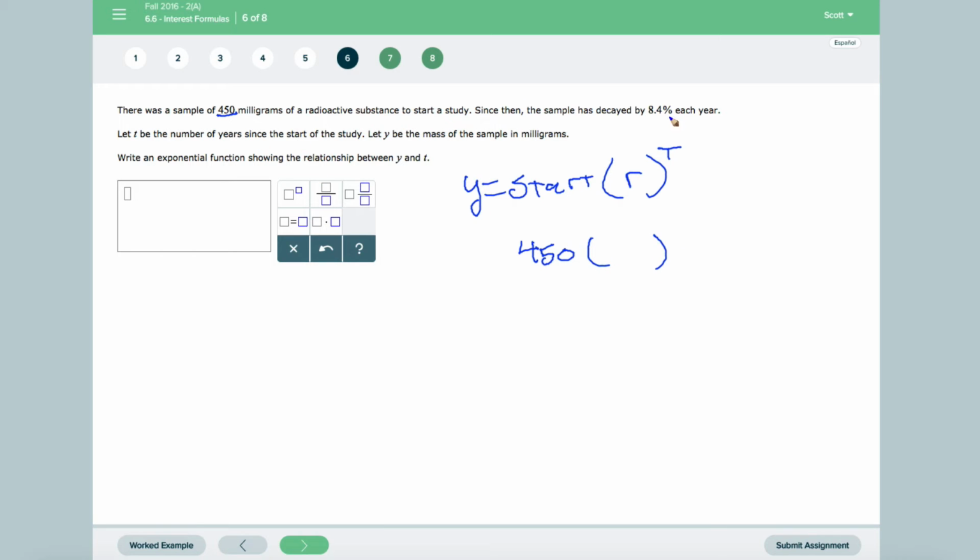Parentheses. And what's our rate? It's decaying by 8.4%. So that means I take 1.00 minus, and let's move the decimal 2 times, 0.084. Okay, and just for accuracy's sake, I'm going to use just a simple calculator.